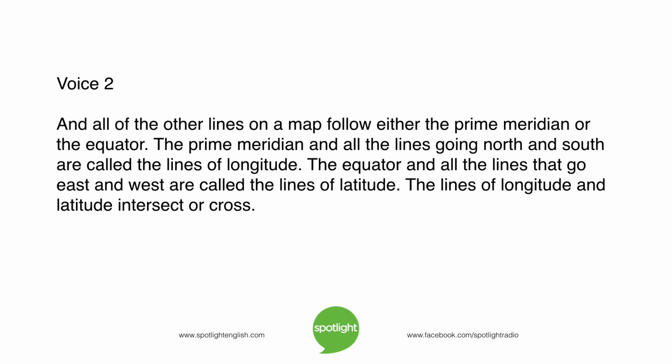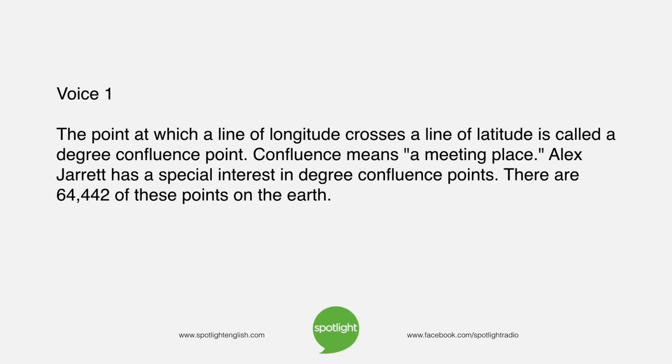The lines of longitude and latitude intersect or cross. The point at which a line of longitude crosses a line of latitude is called a degree confluence point. Confluence means a meeting place.